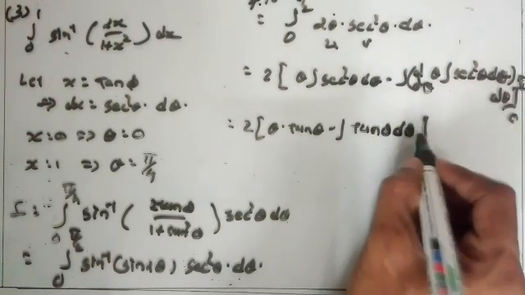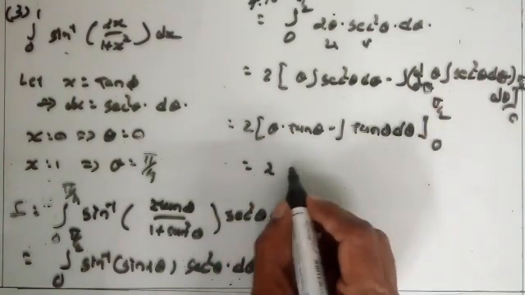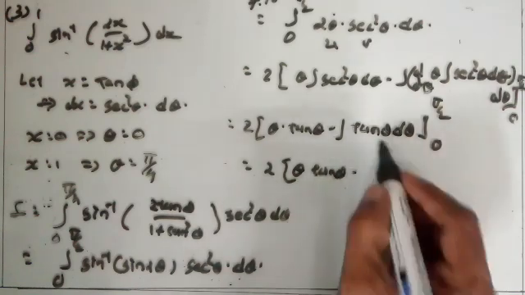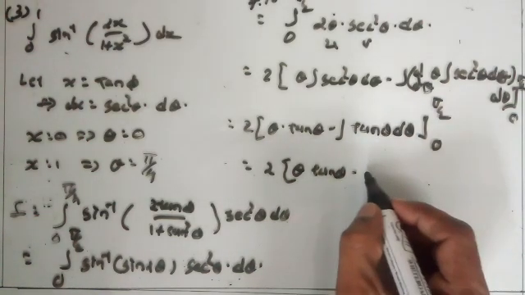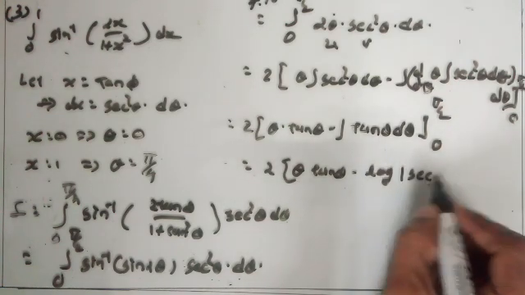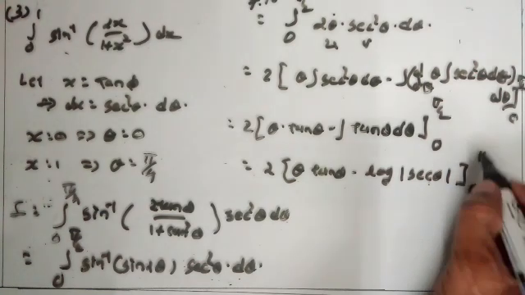Clear? And the limit 0 to pi by 4. So it is 2 theta tan theta minus the integration of tan, which is, you know the formula, log mod sec theta, and the limit 0 to pi by 4.